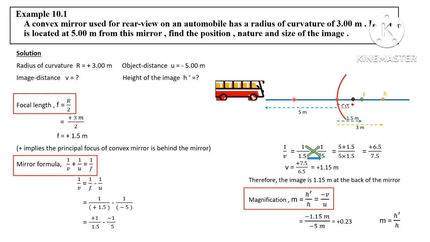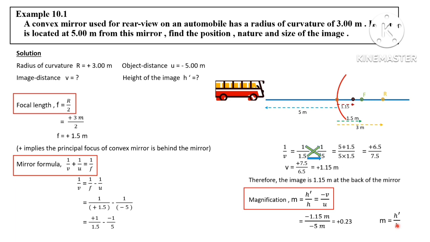Okay, so the object is placed here upwards, and so we can take the height of the object as a positive value. So the value of magnification is positive and the height of the object is positive.